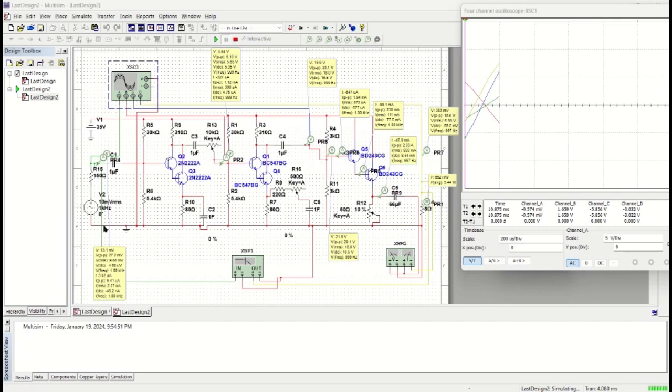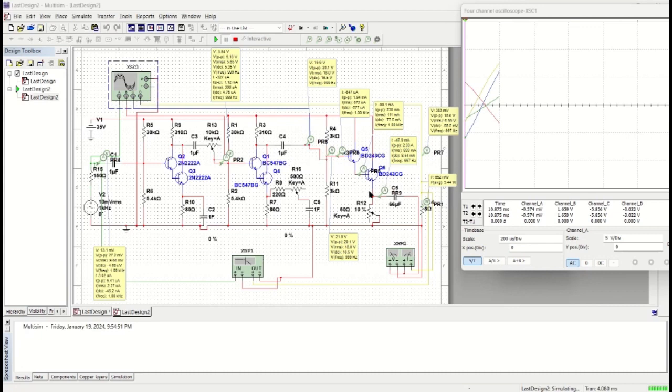Firstly, the input is 10 millivolt, a mic level voltage signal. Input to the first stage, and we get 5.13 volt VPP, and this signal is input again with AC coupling, and we get 20.1 volt VPP.